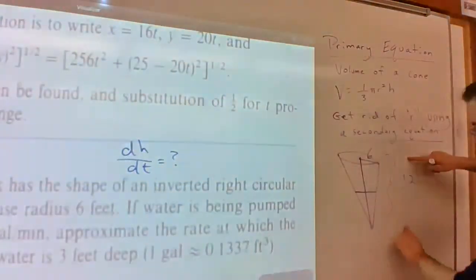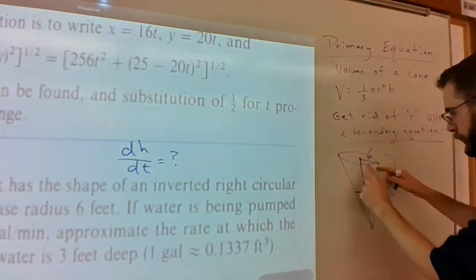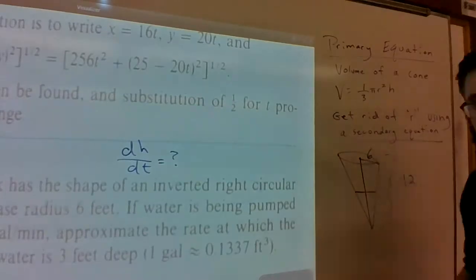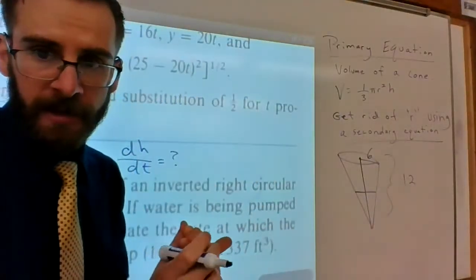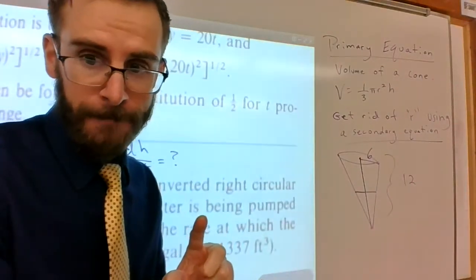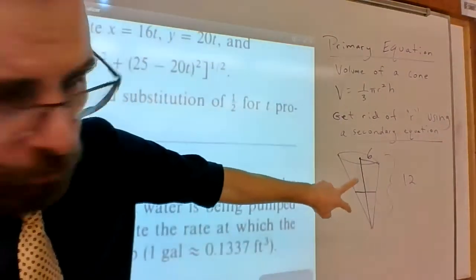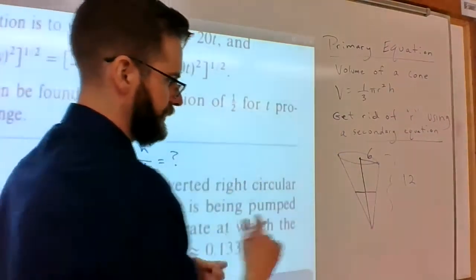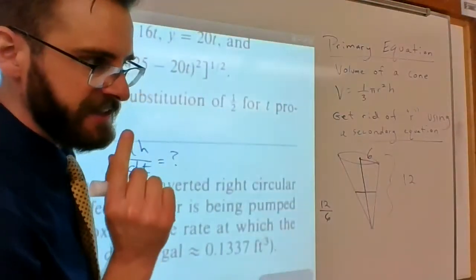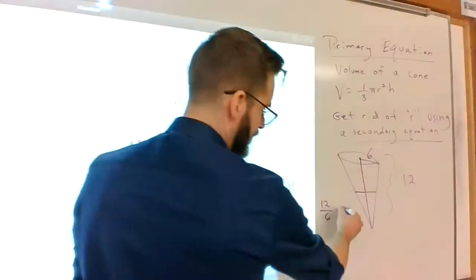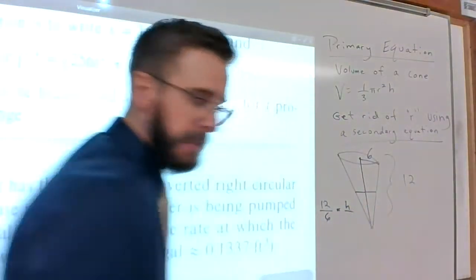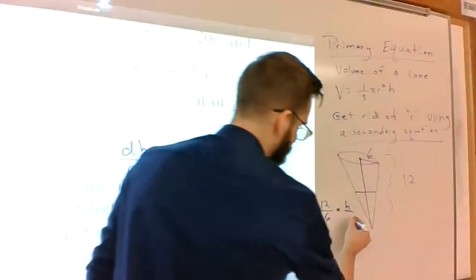So altitude to the radius equals mini altitude to mini radius. So what we do is we come up with a proportion as a secondary equation that gives us r's and h's together. So 12 over 6, big altitude over big radius, is the same ratio as little altitude, which I'll call h, over little radius, which I'll call r.